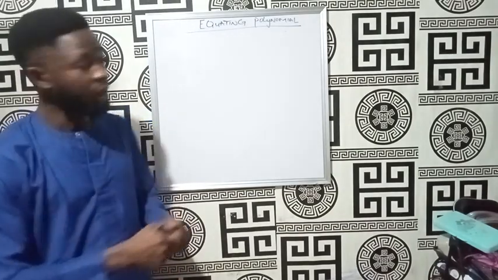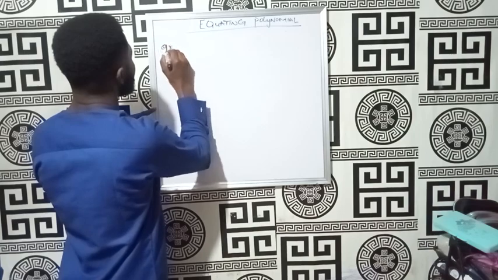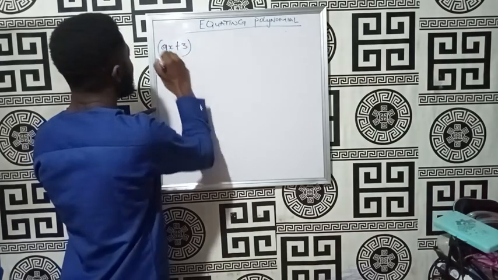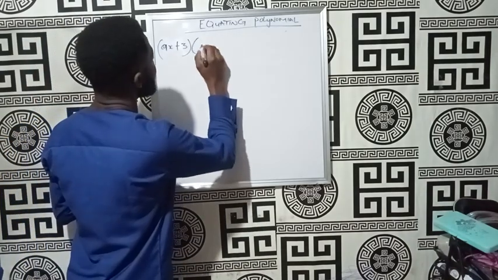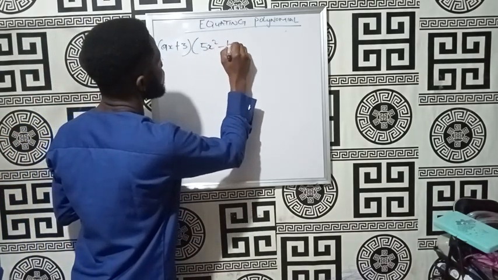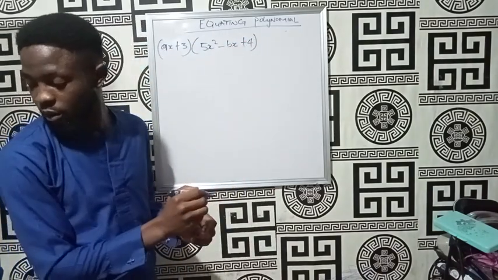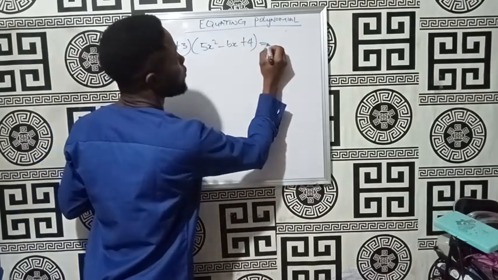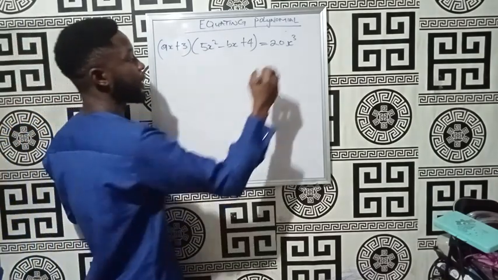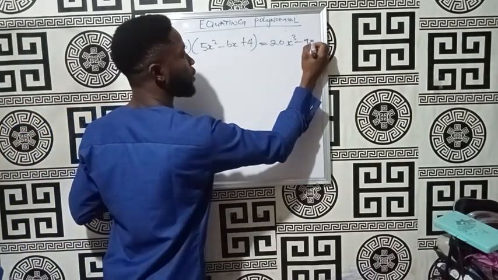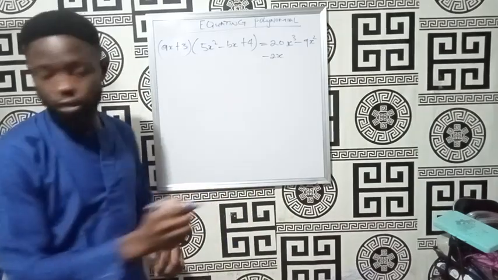We have (ax plus 3) times (5x squared minus bx plus 4) equal to 20x cubed minus 9x squared minus 2x plus 12.